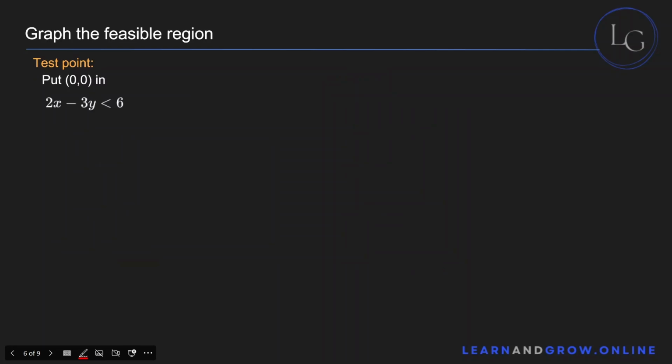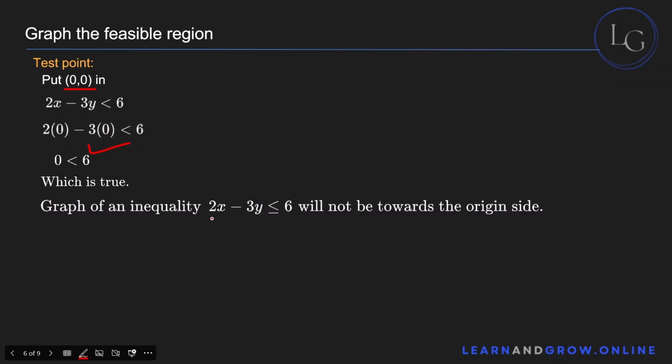Now, the test point. To find the result of the test point, you plug in the value of the origin, which is 0, 0, in the inequalities and see if it is true or false. The result is 0 is less than 6, which is true, right? So the graph of the inequality 2x minus 3y is less than or equal to 6 will be towards the side of the origin, as when the result is true, the graph will be shaded towards the origin.